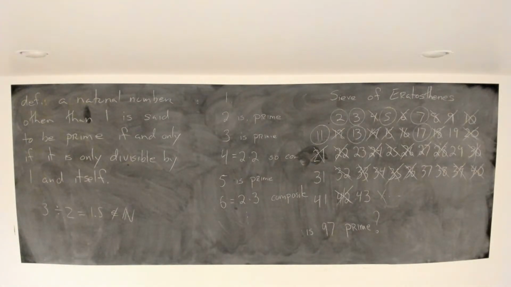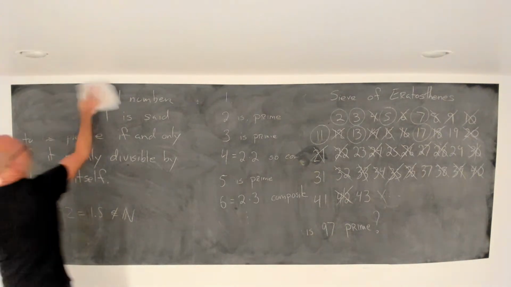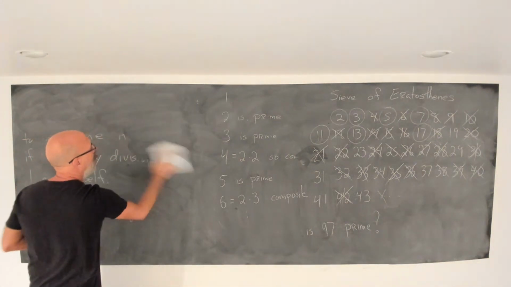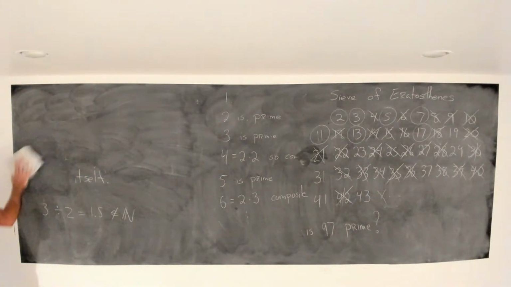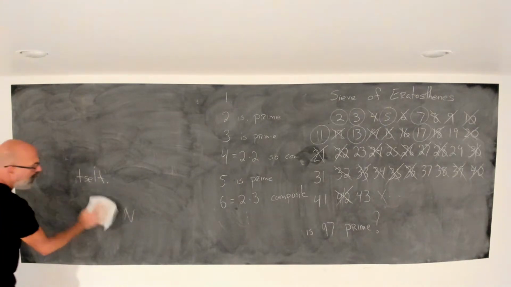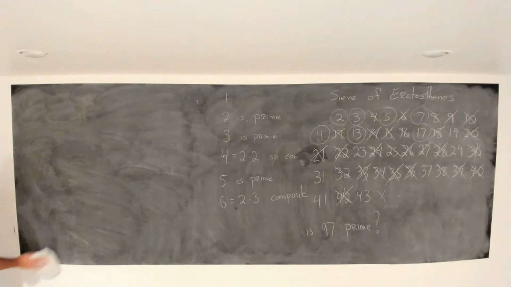I claim that we don't need to use the sieve of Eratosthenes to determine if 97 is prime.